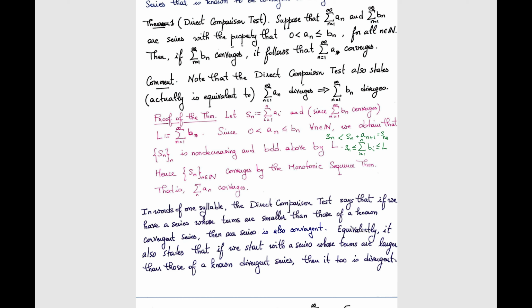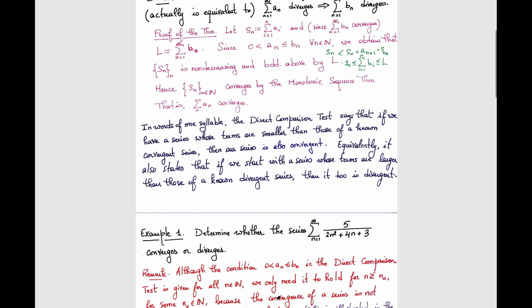So if the Bn's are larger than An, and the series An diverges, then the series whose terms are Bn, the larger one, is going to also diverge. So this paragraph is about verbalizing the theorem and its comment.